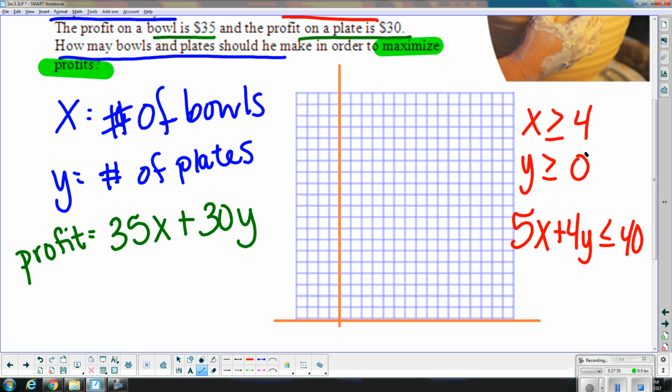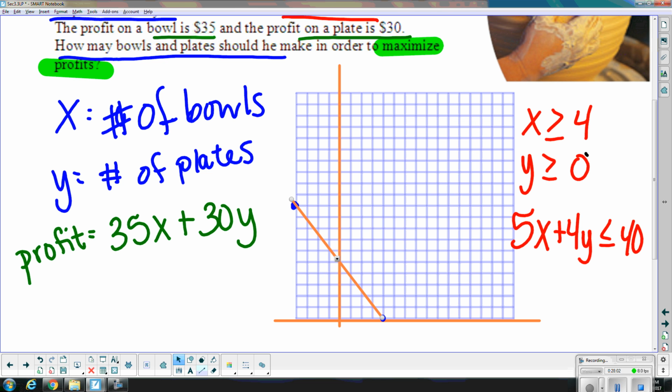So when x is 0, y is 10. And then when y is 0, x is 8. So here is my feasible region.